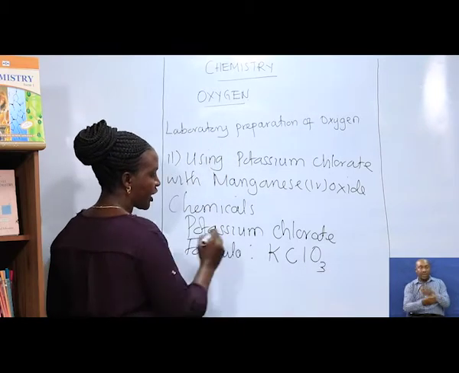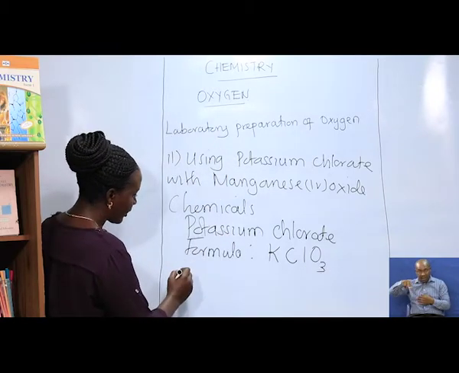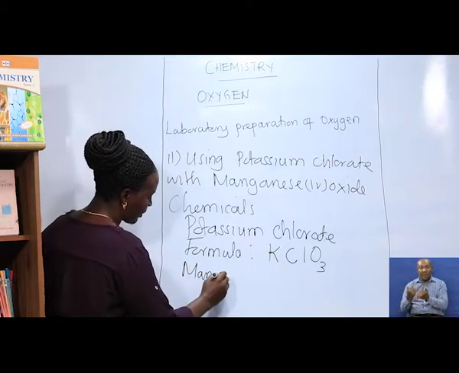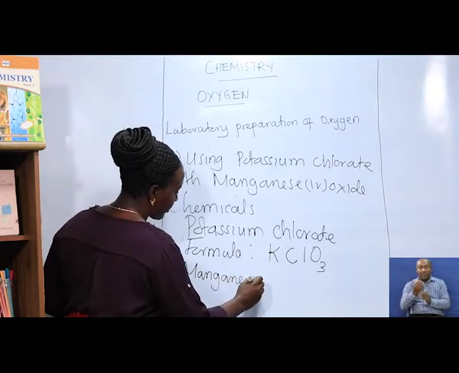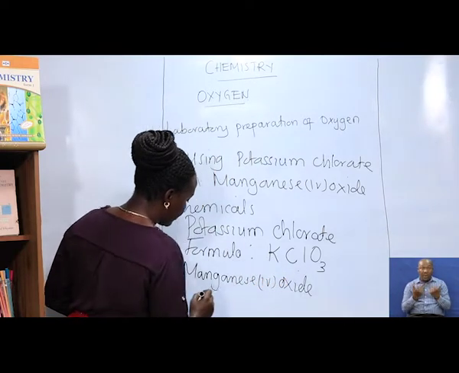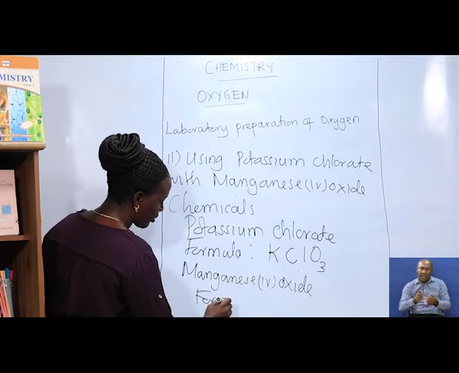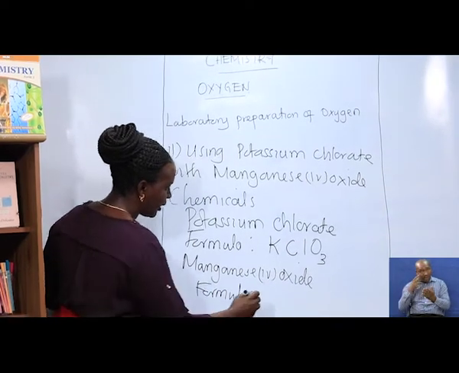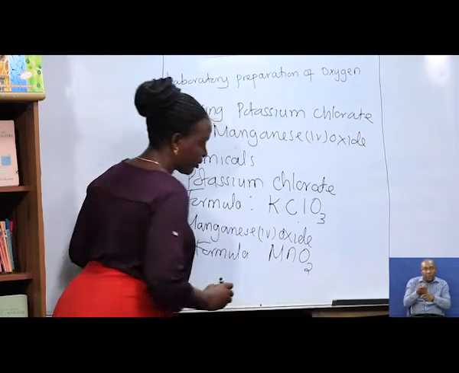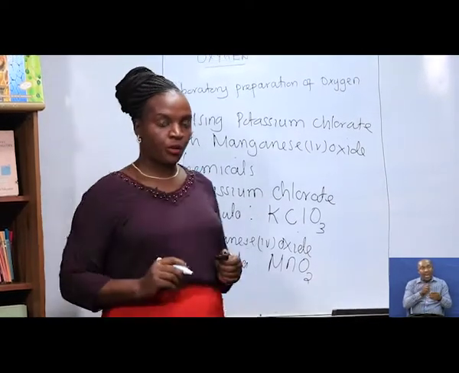And another chemical that you're going to have is manganese 4 oxide. How is it written using the formula? You should know the word and the formula. This is MnO sub 2. That is manganese 4 oxide.